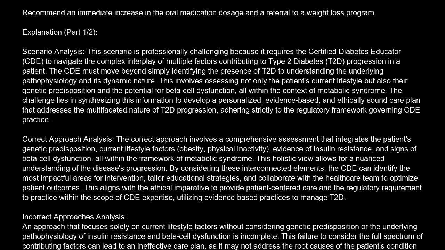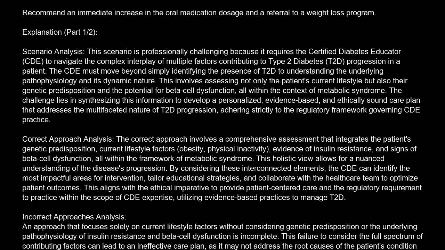By considering these interconnected elements, the CDE can identify the most impactful areas for intervention, tailor educational strategies, and collaborate with the healthcare team to optimize patient outcomes. This aligns with the ethical imperative to provide patient-centered care and the regulatory requirement to practice within the scope of CDE expertise, utilizing evidence-based practices to manage T2D.